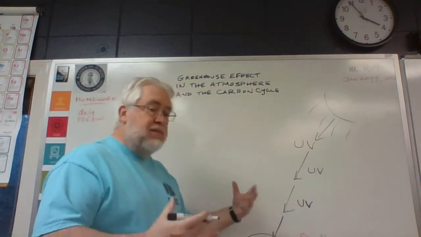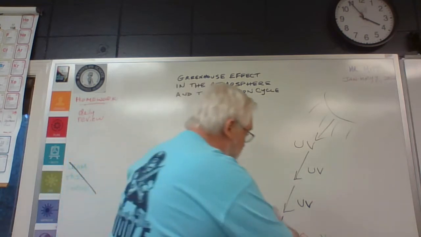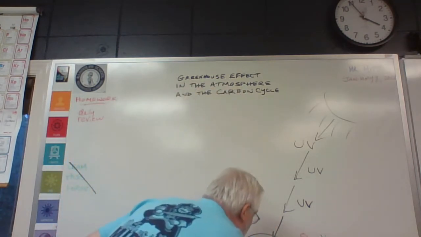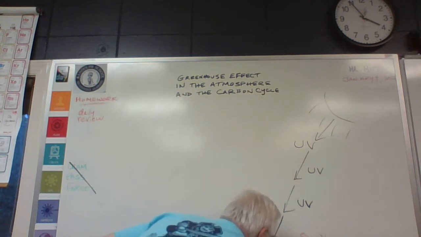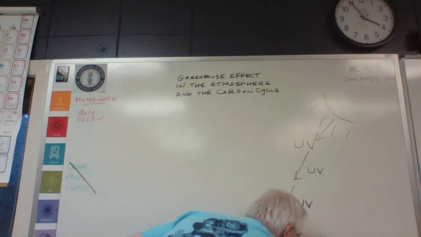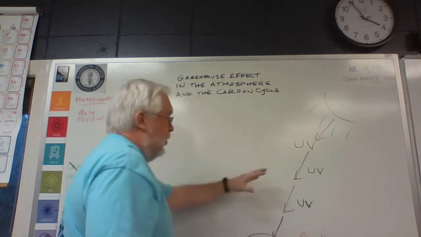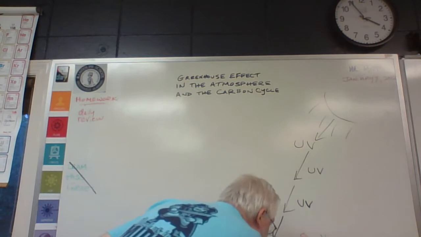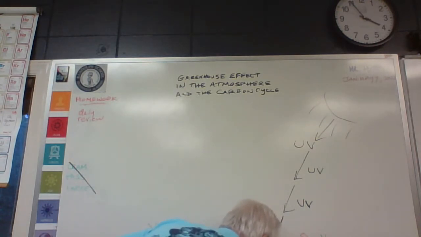Where the ultraviolet comes into contact with any particular surface, any object, we have partial absorption of energy. When some of the energy is absorbed, when the UV hits any sort of object or surface, we have a lengthening of wavelength.